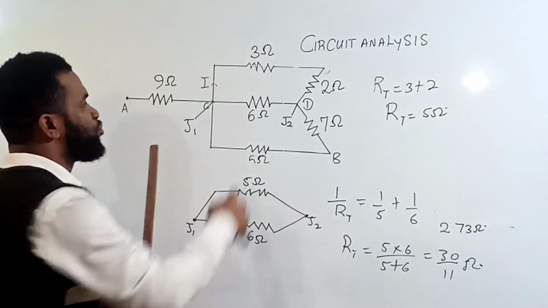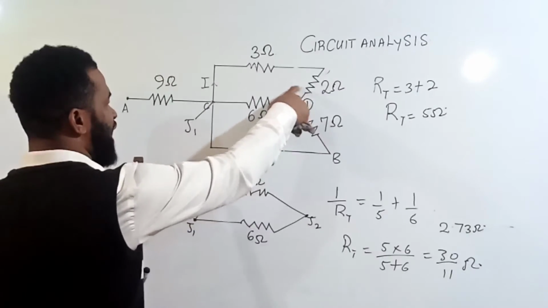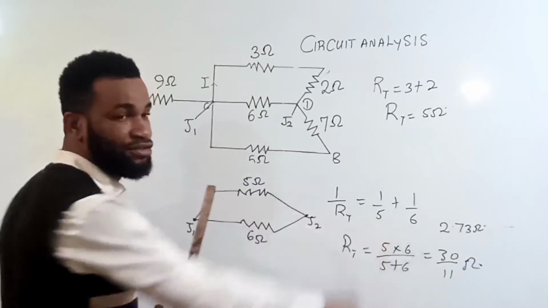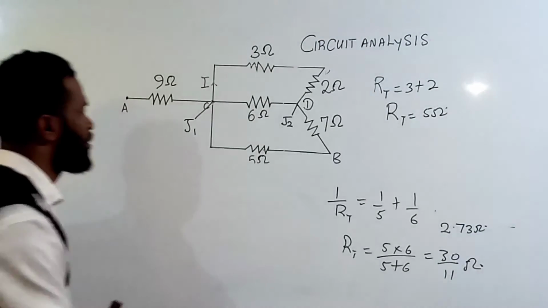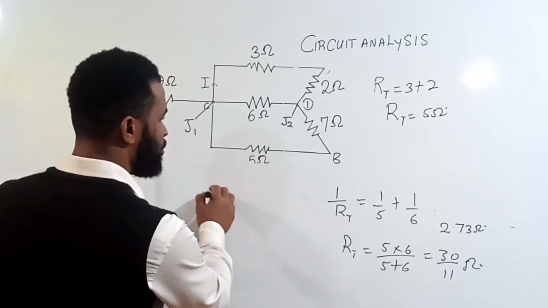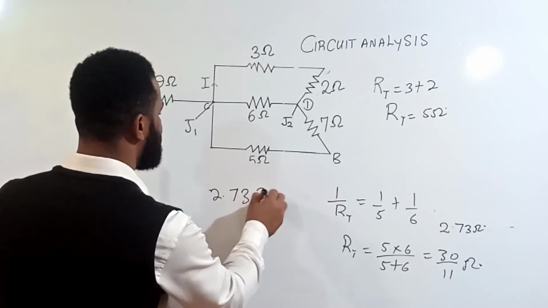Now, I am done with this, and this to appear at 2.73. So I'm going to have this. So if you look at this, I'm going to have 2.73 ohms.